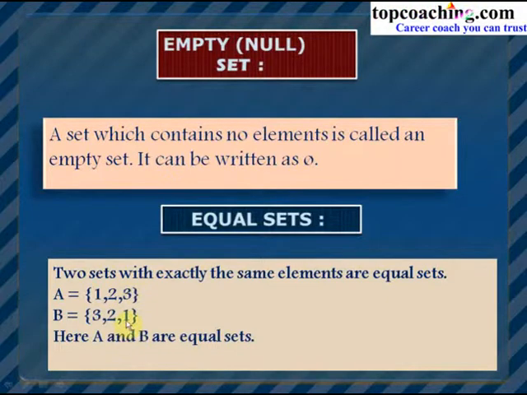So what do you see here? You see that all the elements are the same. 1 is contained in A and B, 2 is contained in A and B, and 3 is also contained in A and B. Also the number of elements in both these sets is equal to 3. So these two sets A and B are equal sets. So for two sets to be equal, they should have exactly the same elements.